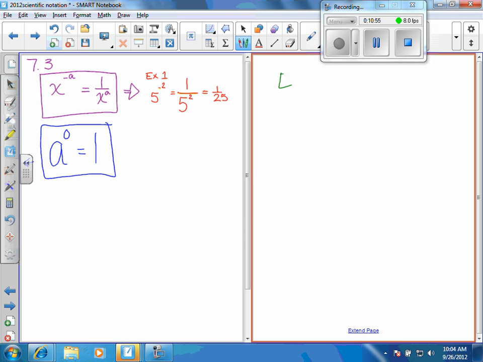If we are looking at exponents and division, a problem would look like this. I would have a fraction bar. So a simple problem would be maybe 5 to the 7th power over 5 to the 4th power. Okay, remember fraction bars mean divide.